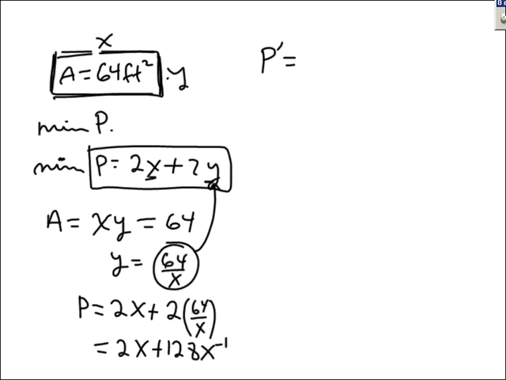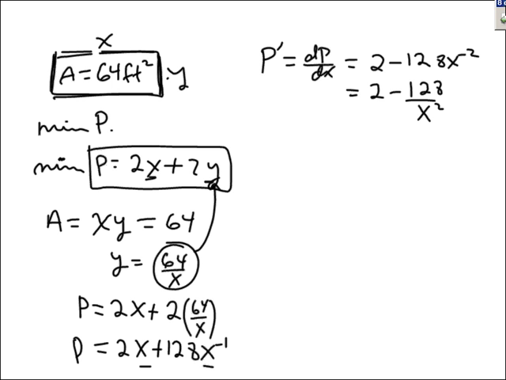So P prime, that is dP/dx, because P is in terms of x, is equal to 2 minus 128x to the negative 2. It is 2 minus 128 over x squared. That's what P prime equals.